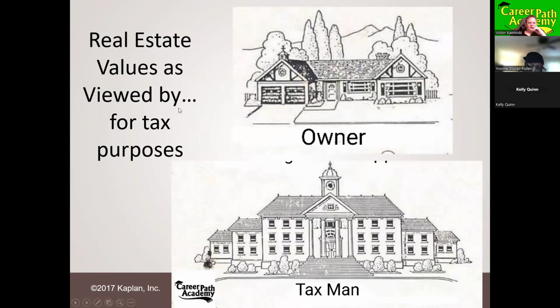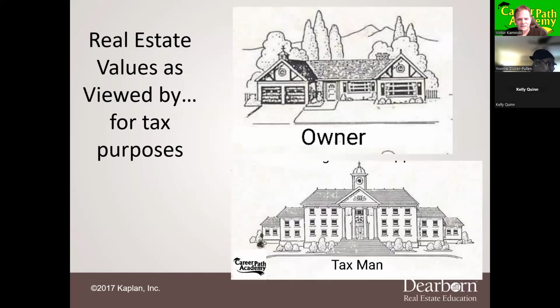Okay, so let's see. Here's the real estate taxes as valued for tax purposes by the owner of the property. When talking about values and taxes, the owner looks at their property like this, and the tax man looks at it like this. Let me try to resize that in a little bit.